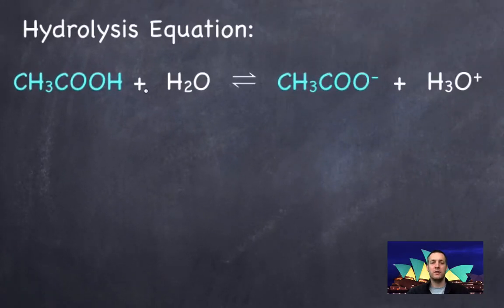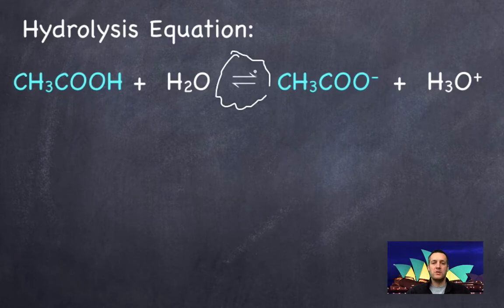Let's have a look at a weak acid and how the equation looks different. Well, apart from the fact we've got different reactants and products because we're using a different acid and its conjugate base is now different, we've also got this really important difference, which is this two-way arrow. Now, if you've done the equilibrium topic, then you know that this shows us that the forward reaction happens and so does the backward reaction.